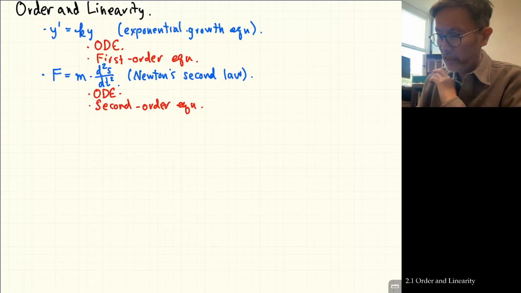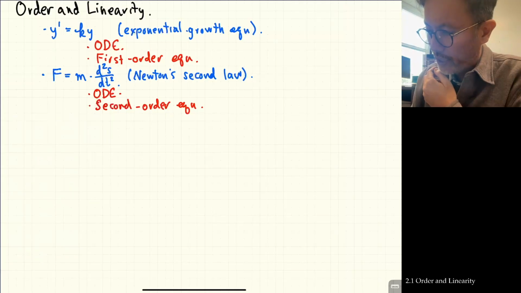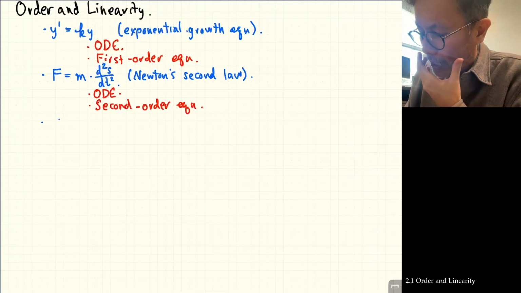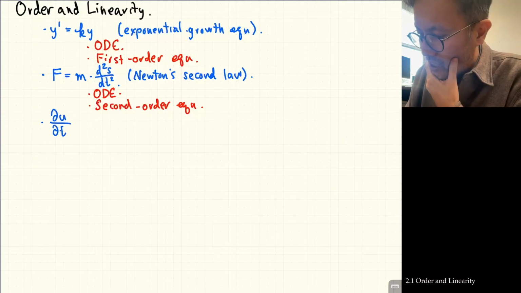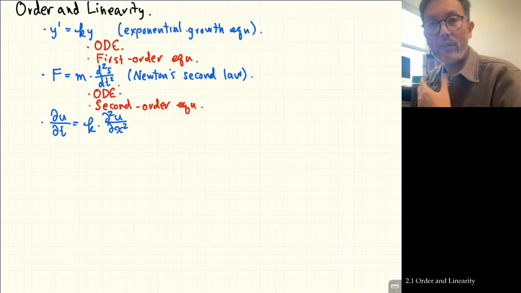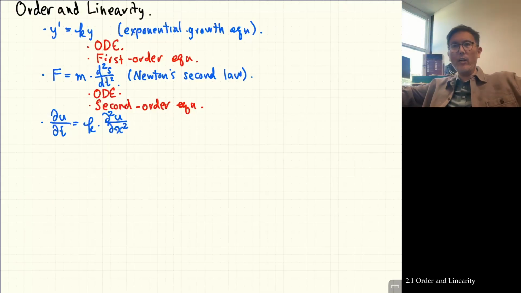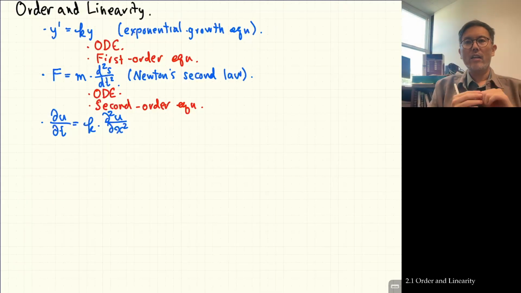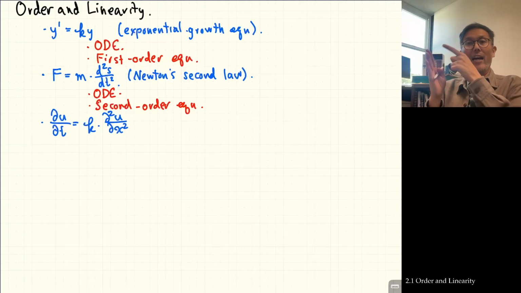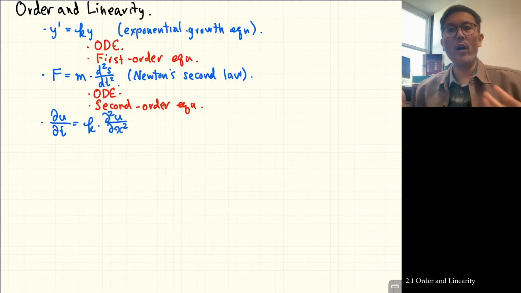Then also we talked last time about the heat equation, another equation that we're going to learn how to solve. So this is the equation partial u partial t is equal to some constant k times the second derivative of u with respect to space. So imagine a one-dimensional bar, the heat at a particular position in the bar x at time t being given by u of x, t.